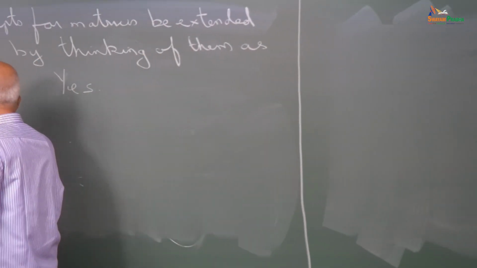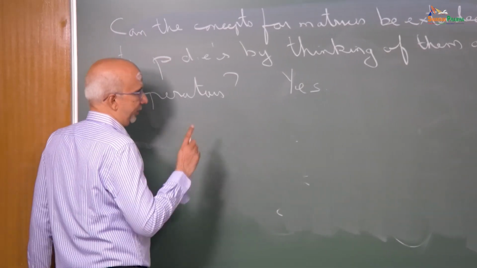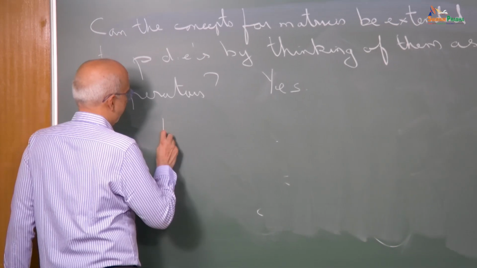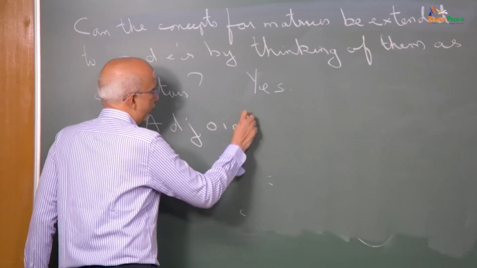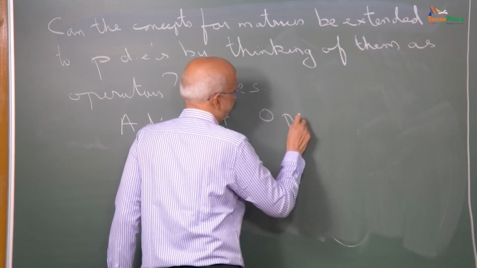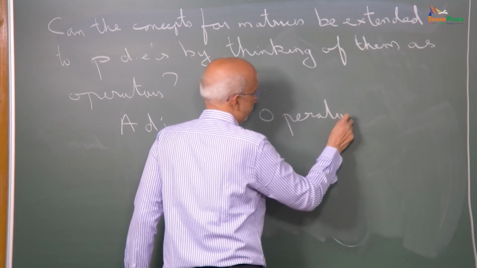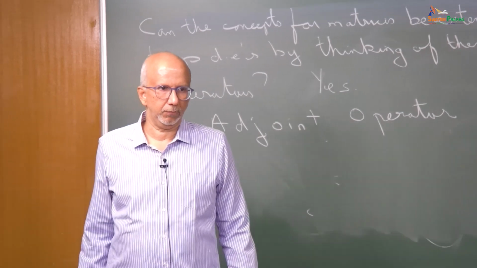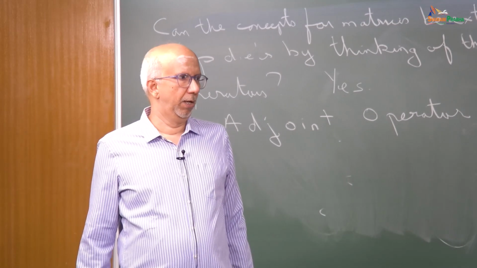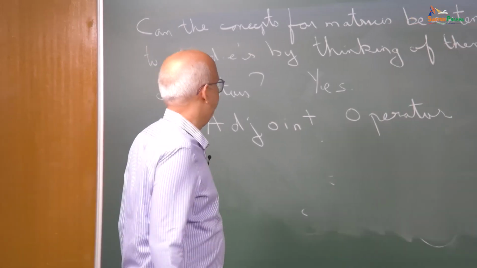So, linear operator is done. I want to define this concept called an adjoint operator. Okay. What is the meaning of an adjoint operator?